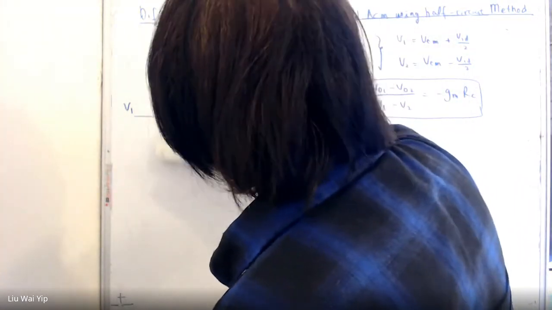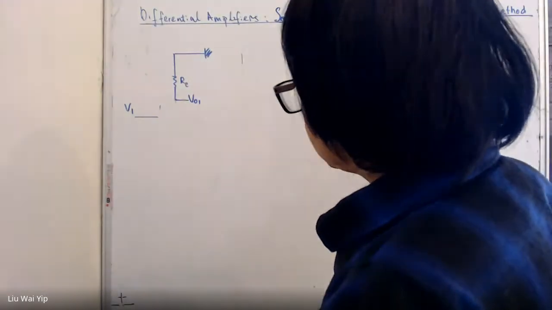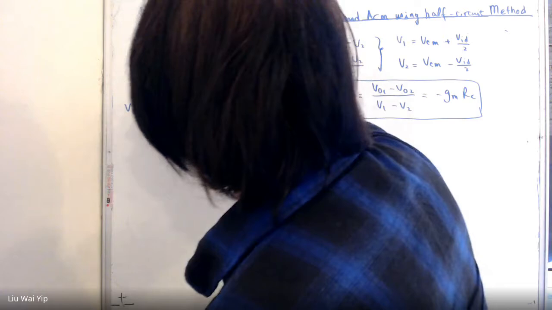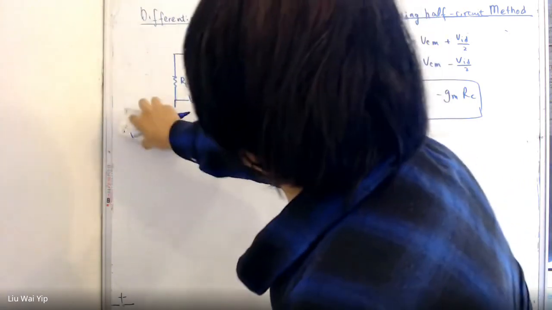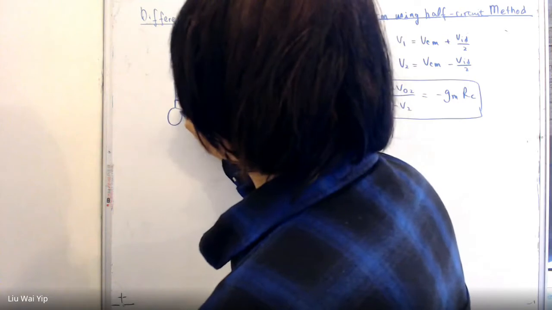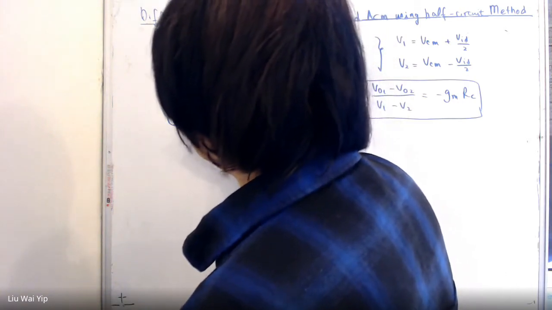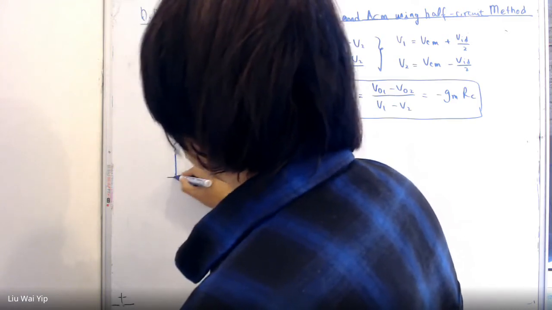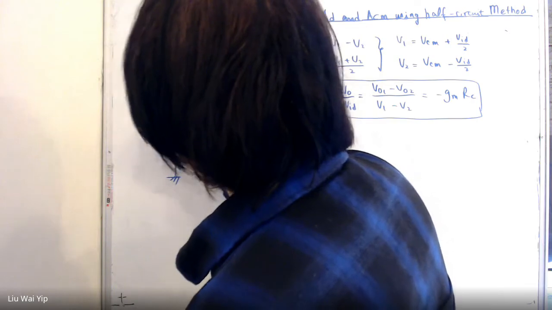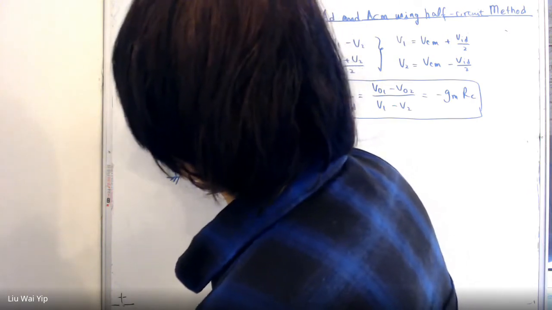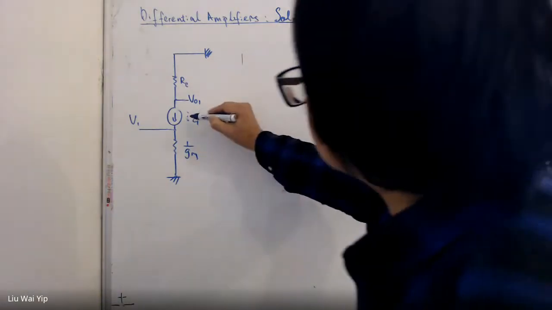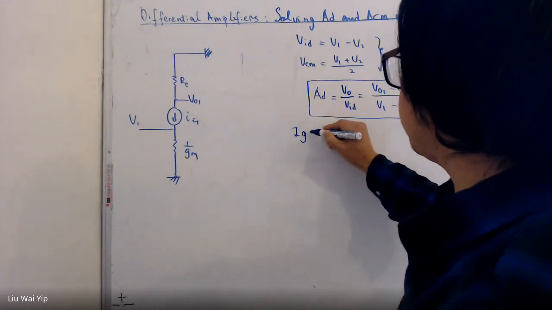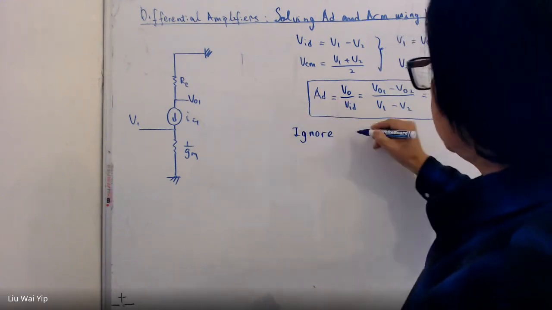So we can use the T model to resolve it. The T model has IC1 and 1 over gm, and this is V1. For the time being, we ignore the early effect.